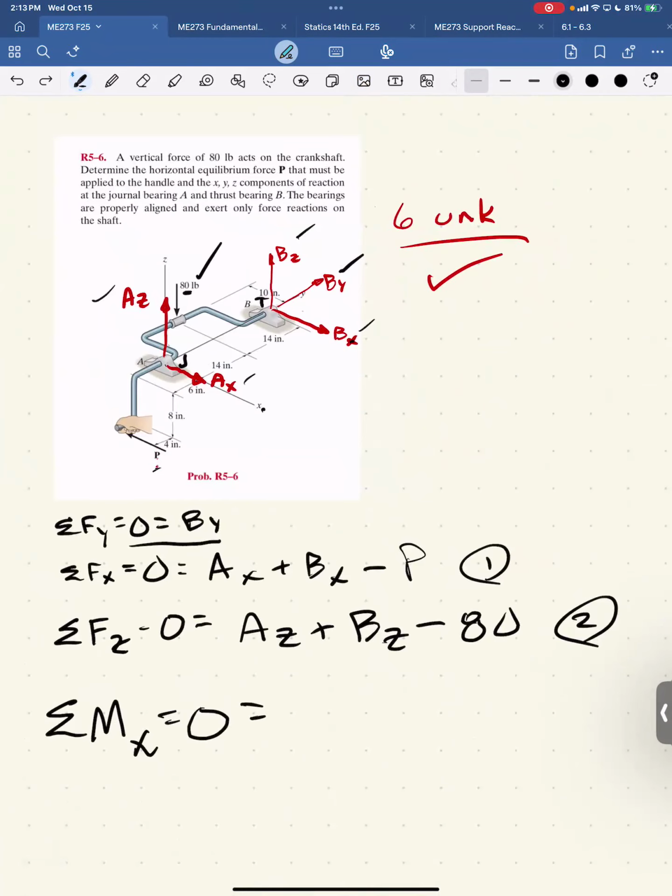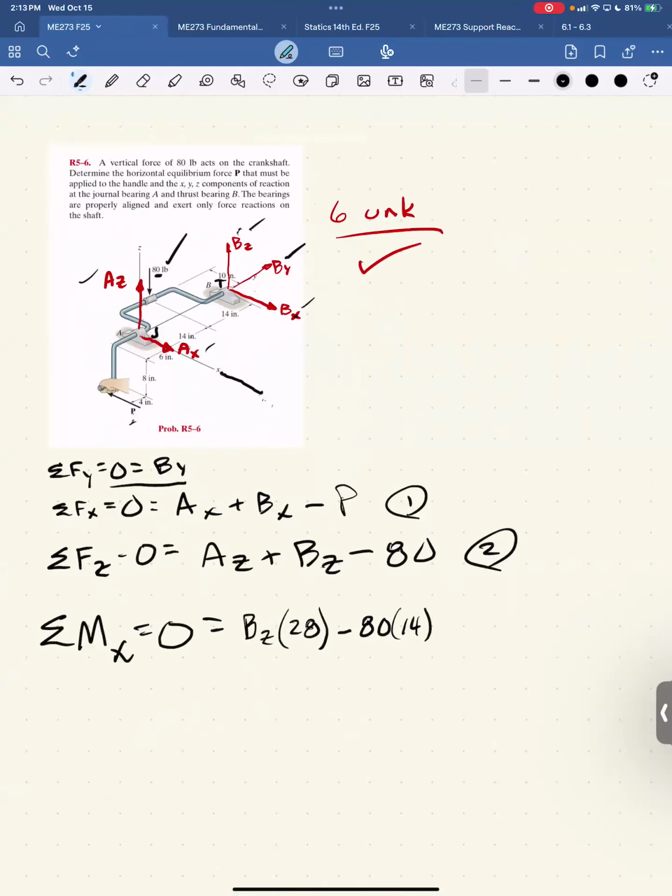The moment arm is 14 inches. Now, if I'm looking back at the origin along the x-axis, it wants to go clockwise, so it's negative. So it's minus 80 times 14. So in this case, I can solve directly for Bz. Therefore, Bz is 40 pounds. And next, sum of moments about the y-axis, set that equal to 0.